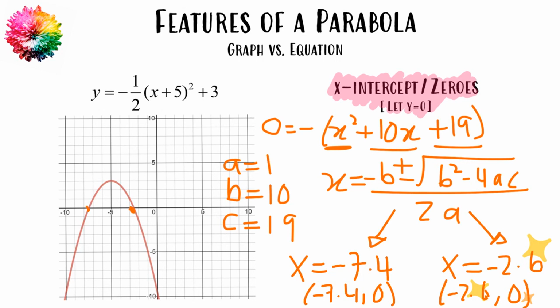Now, there are going to be some cases where, when you come to this step over here, you're going to get a trinomial that is factorable, and that saves you a lot of time. And often in that case, you can also see the x-intercepts from the graph. But there are going to be situations where you're going to have to use the quadratic formula, get out your calculators, and solve and get those two decimal places, because that's the correct answer.